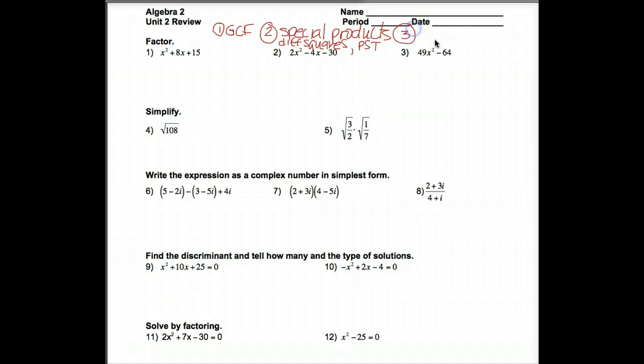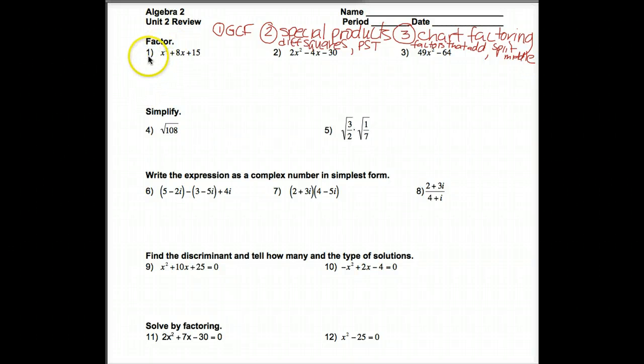Step 3 is if we don't have any of those, we're going to do some chart factoring. There were also 2 types of chart factoring: factors that add and split the middle. So let's go through each of these for our problems.